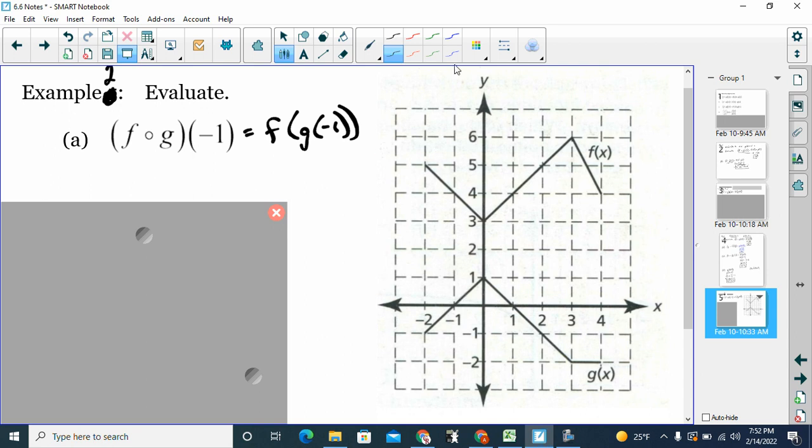So when x is negative 1, g of x, which is this function here, has a y value of 0. g of negative 1 is 0. I'm just going to bring down my f here. So now we are evaluating f of 0. When x is 0, f of x has a y value of 3. f of g of negative 1 is 3.